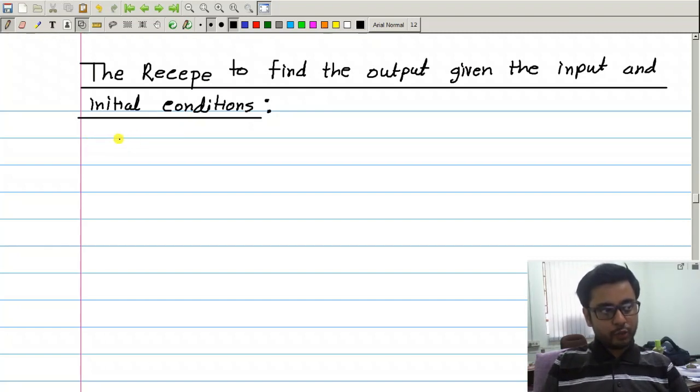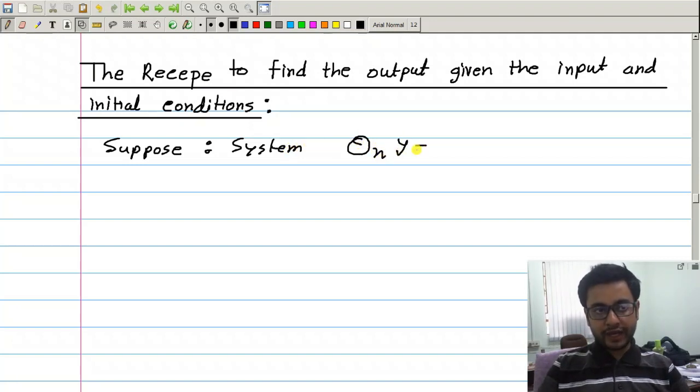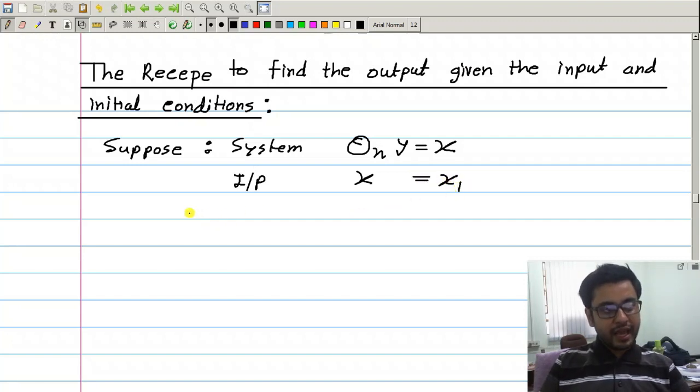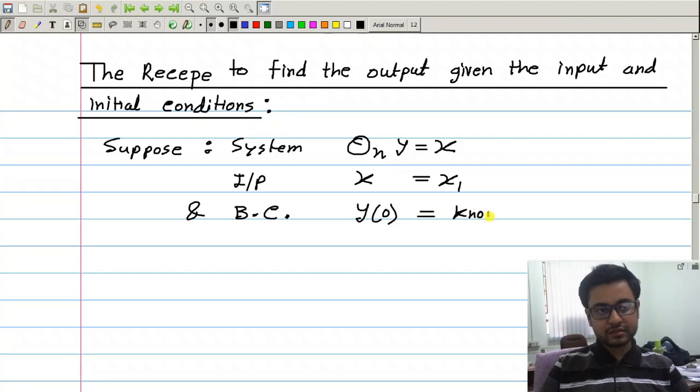Suppose the system is defined like this: O acting on y is equal to x, the input is given as x equal to x1, and boundary conditions like this: y(0) equal to something, and so on.